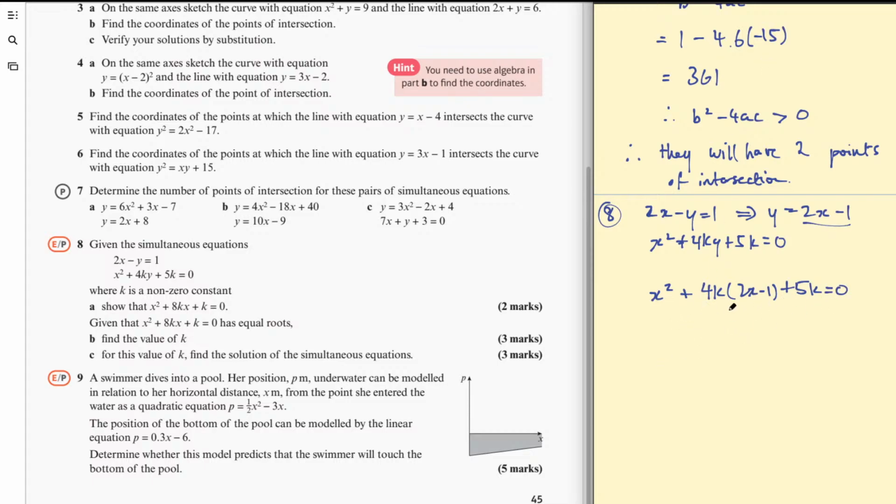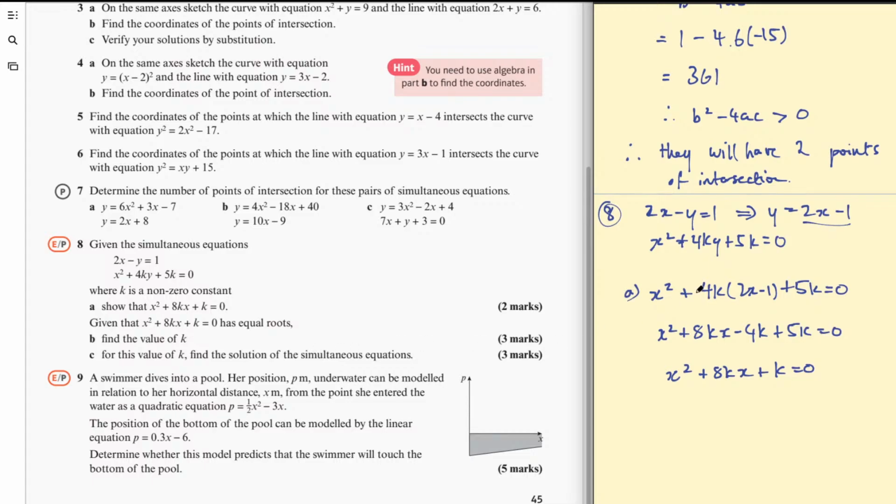And simplifying further, expanding those brackets out, we get x squared plus 8kx take 4k plus 5k equal to 0. And then x squared plus 8kx plus k equal to 0. And we've shown that's the case for part A.